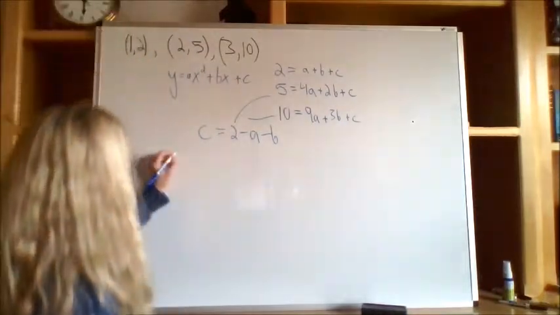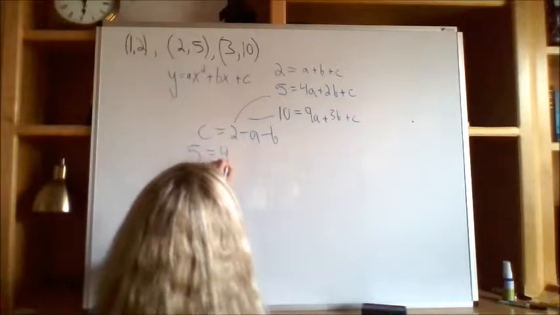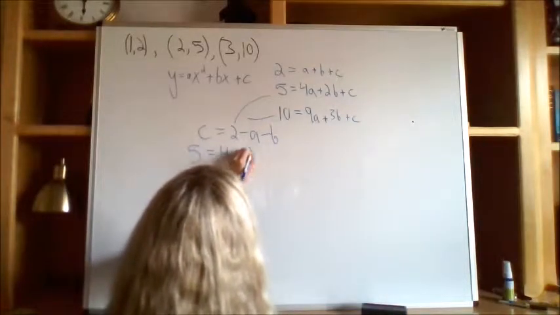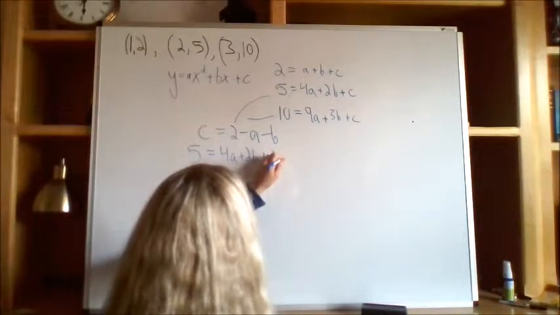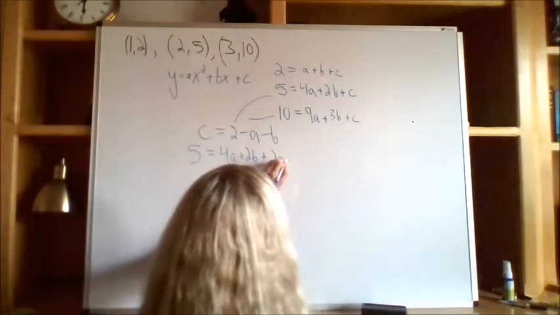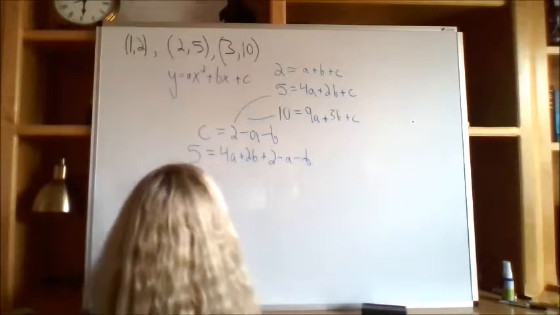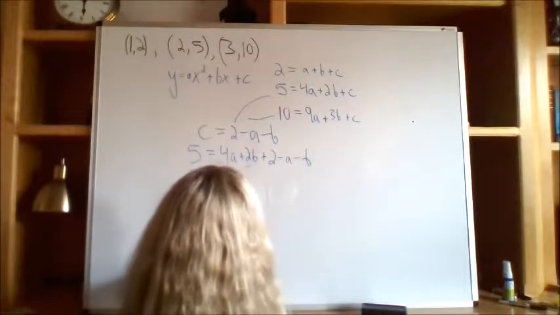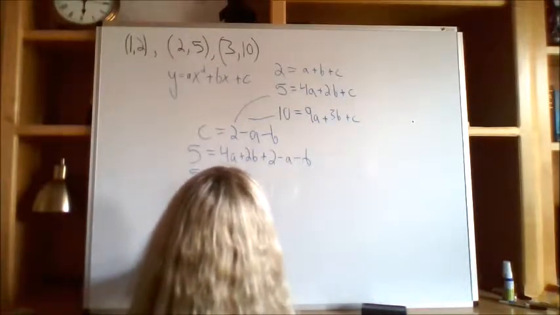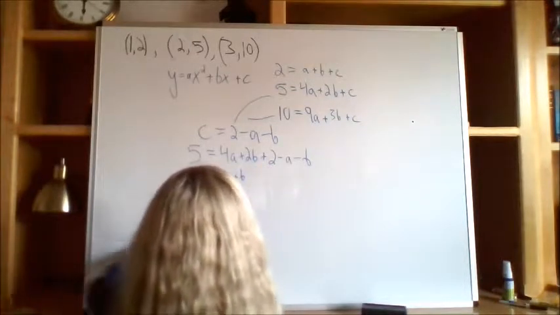So we get 5 equals 4a plus 2b plus c, which is 2 minus a minus b. So here we have 5 equals 3a plus b plus 2, but we can subtract the 2 over and get 3 here.